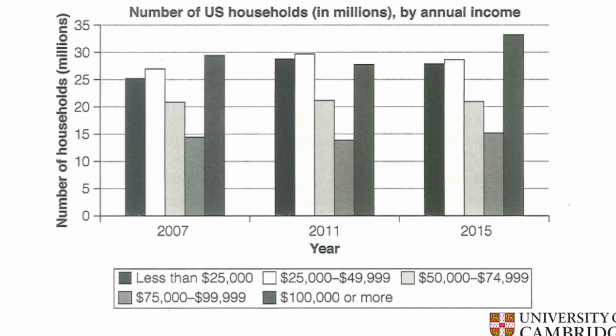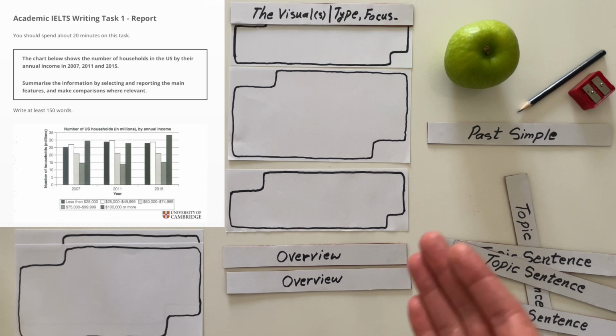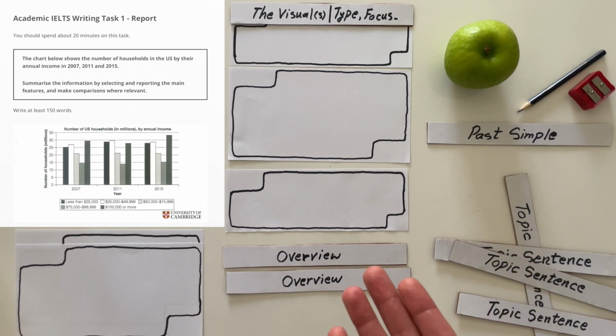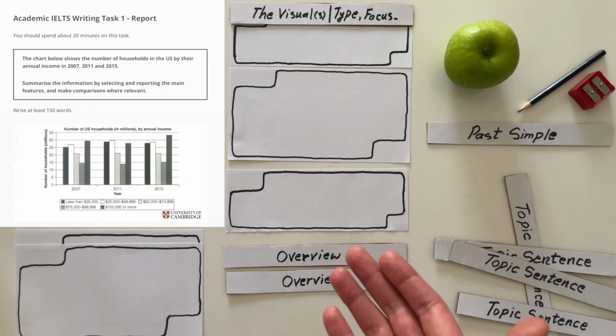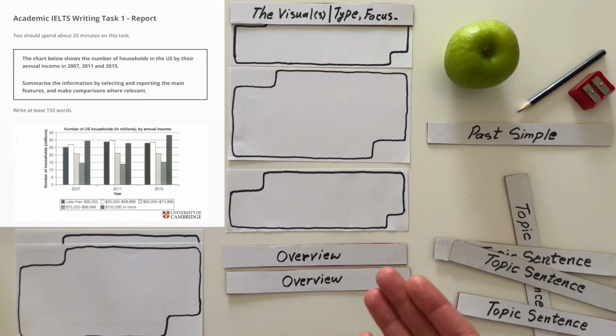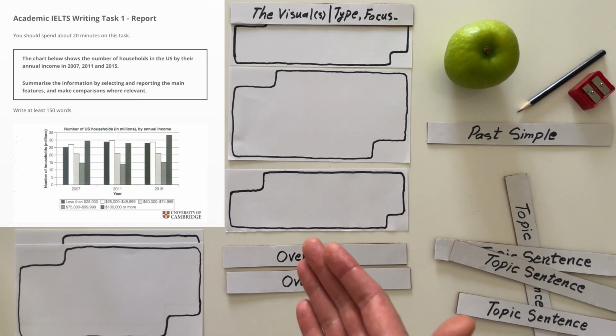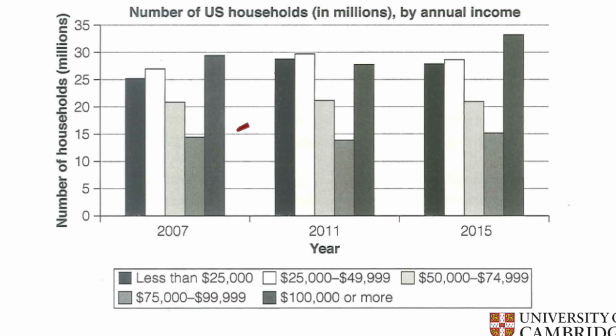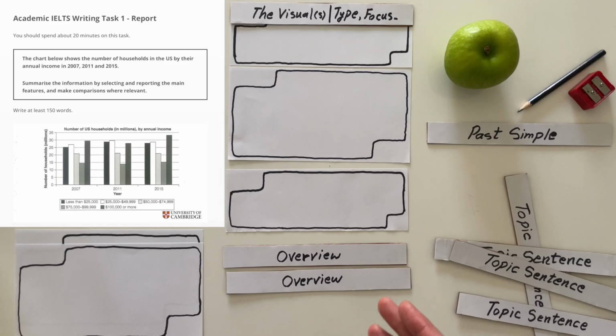The only interesting one that changed in a meaningful way was the 100,000 annual income group that was the highest in 2007, was the highest in 2015, but was almost the third in 2011. That was quite significant. That can be one interesting overview.